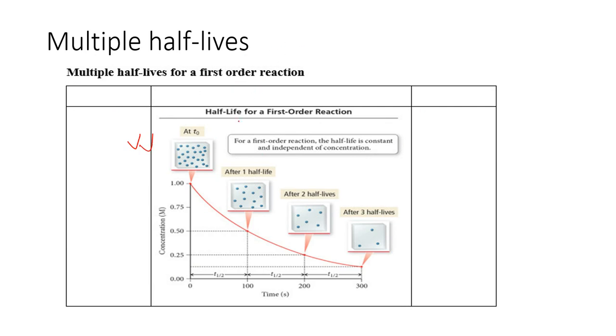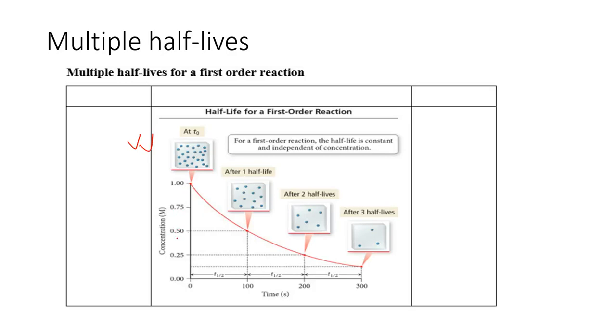The first half-life, if you start with 1, will be given by 1 divided by 2, which is 0.5.